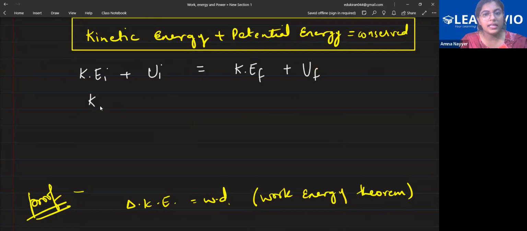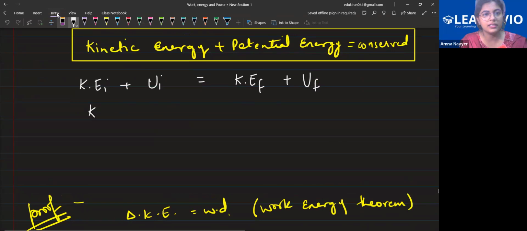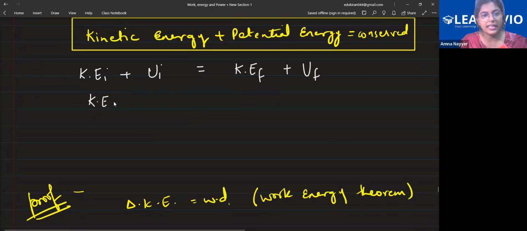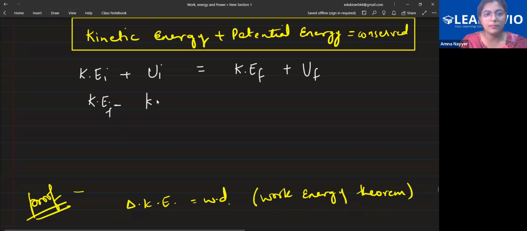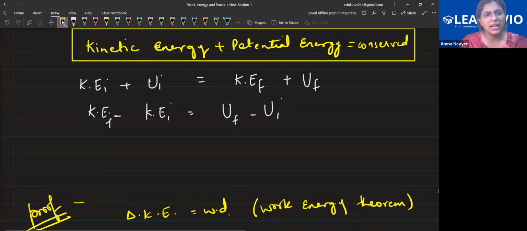Or if you transfer terms, you can say kinetic energy final minus kinetic energy initial is equal to potential energy final minus potential energy initial. Or in fact, you can leave this statement also because it is not necessary.